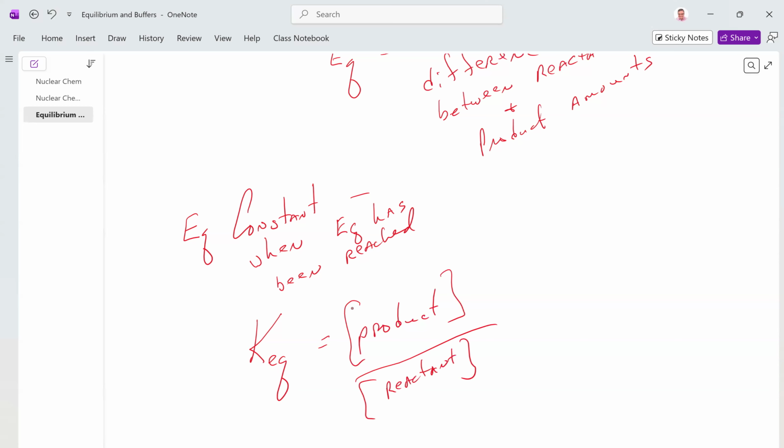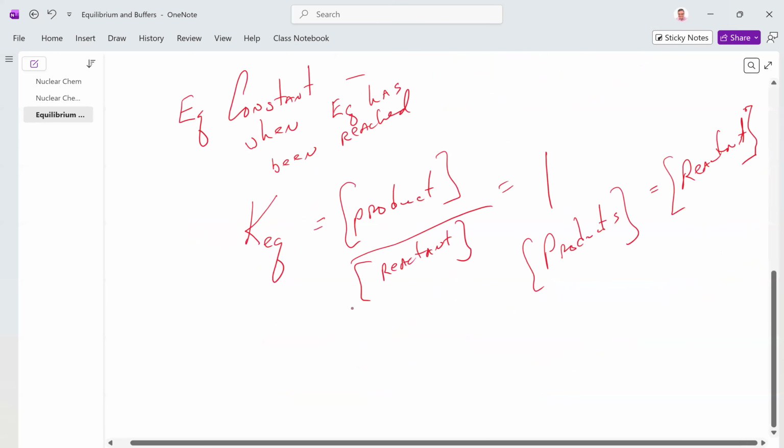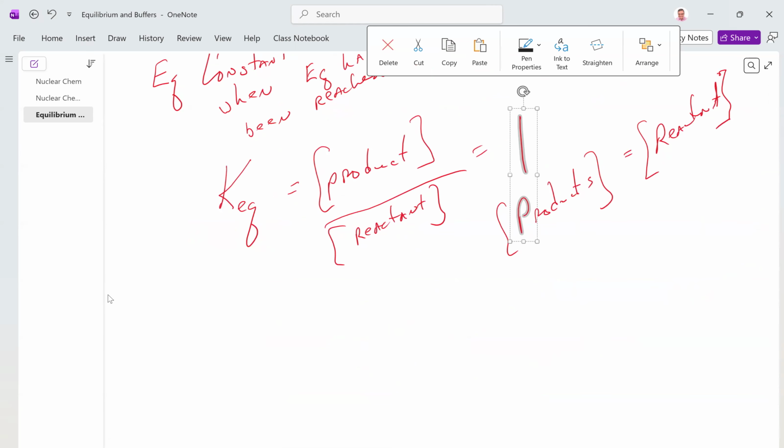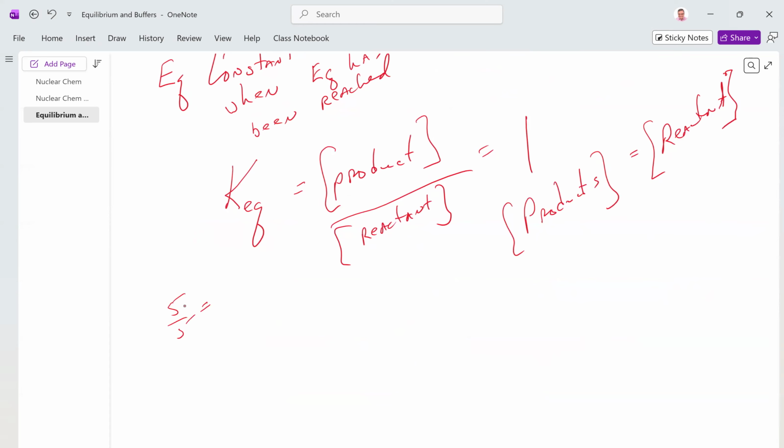Okay, so what this means is if this is equal to 1, for example, that means the product concentration is equal to the reactant concentration. And anything like 5 over 5 is equal to 1. However, this is kind of a rare thing.